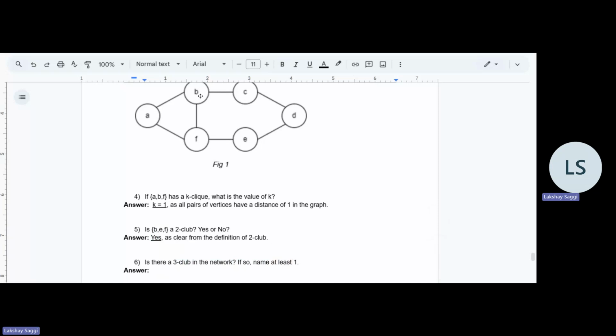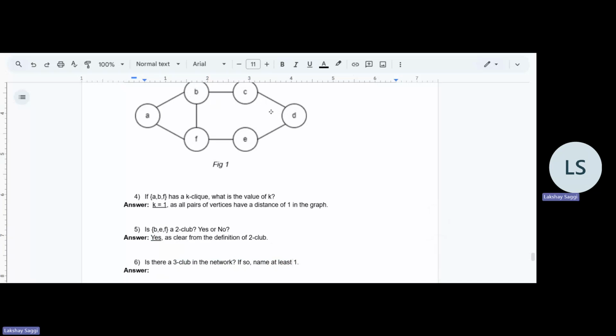It's quite easy to see. You just have to form any one. So this B C D E will actually be a three club, because for the pair B and E, the shortest distance between these vertices is three. In the actual graph the shortest distance might be two, but we have to consider only the vertices present in the subset.